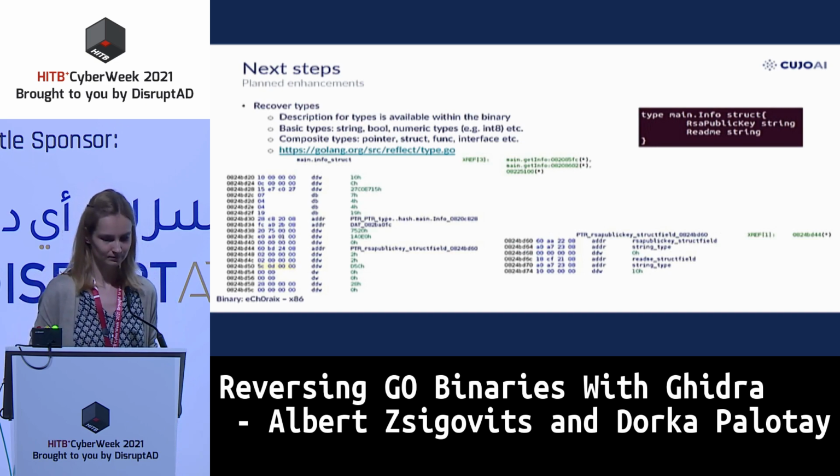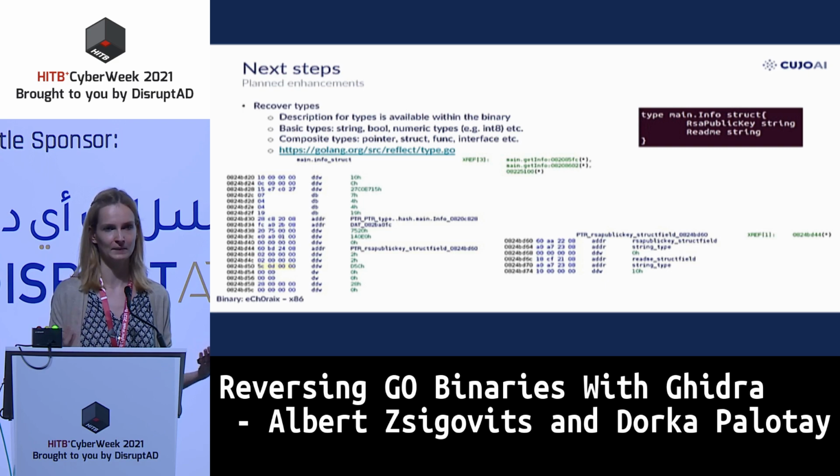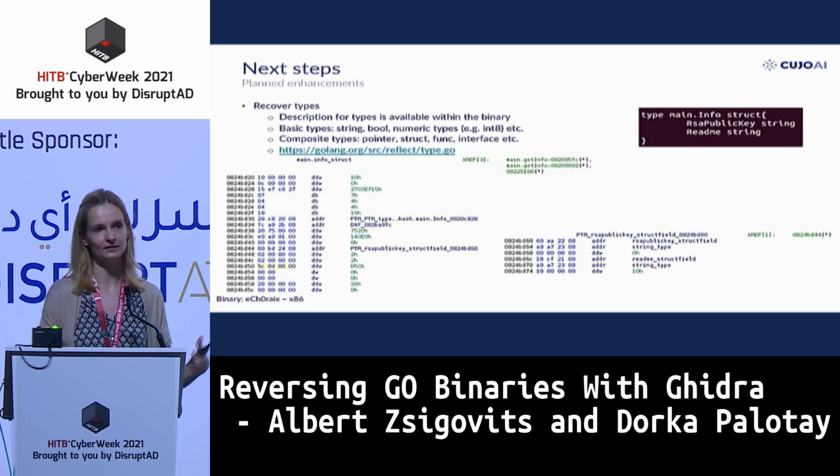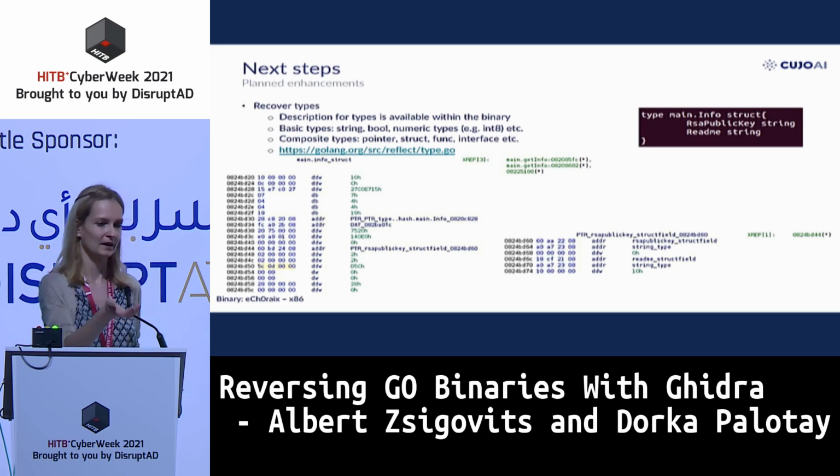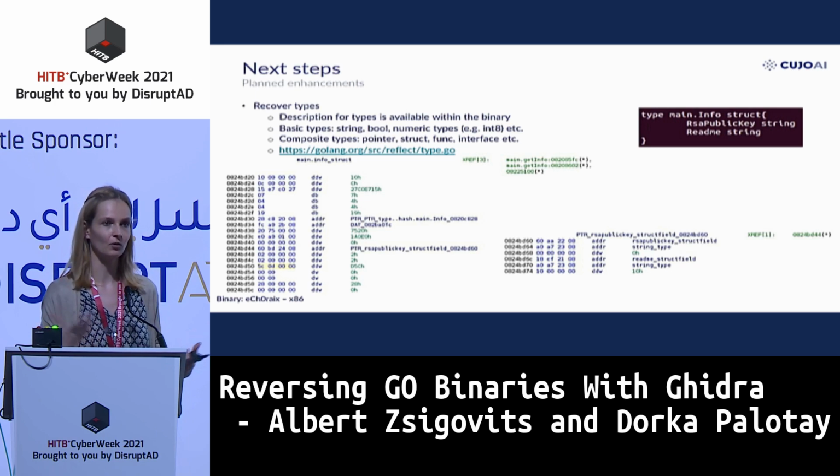Another interesting feature in Go is types, like the string structure that I mentioned before. There are different descriptions of types within the binary. There are the built-in basic types, and there are some composite types. But when you write a Go program, you can define your own types.